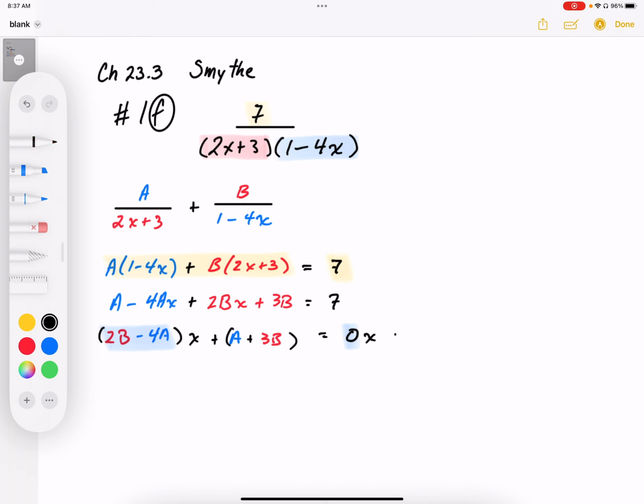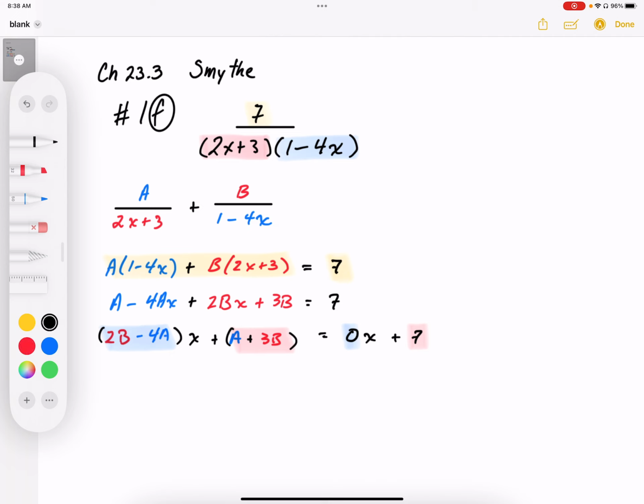And this constant term is 7, so those are going to match. So we solve for a and b by generating a system of equations. One equation is going to be based on the coefficient on x, the other equation is going to be based on the constant term, in this case 7, and we can solve these equations.